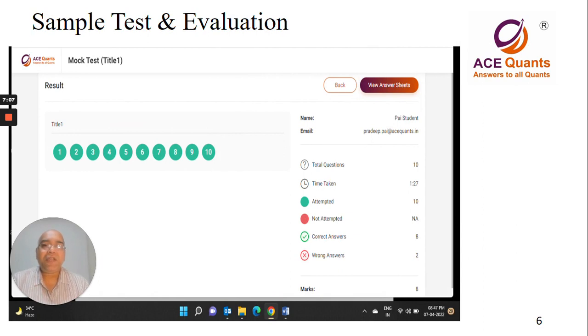So this is just a screenshot of a sample test. There are 10 questions. You are required to attempt all of these 10 questions, and ultimately you are going to be given a score. If you have got a score of more than 60%, then you will be allowed to enter the in-class session.